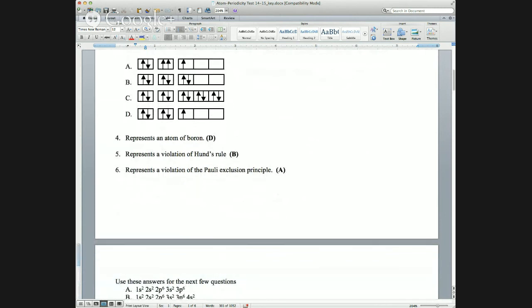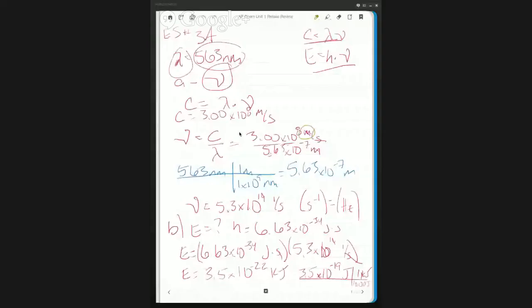If I could go back for a second, the question that I think Ephraim asked about the numbers. For frequency and wavelength, identify that relationship, because the speed of light is a constant.